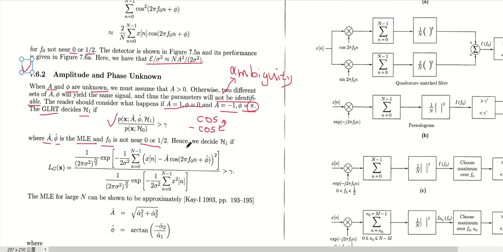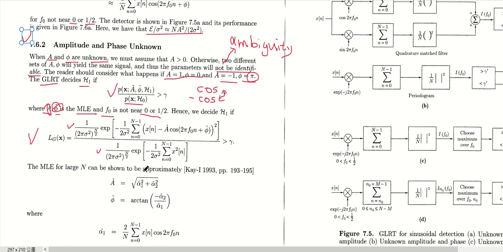Hence, we decide H1 if this likelihood ratio is larger than gamma, LG of X equal to this divided by this. You have this that goes here, and this that goes here. And of course, those things need to be derived first, but that's not the key of our discussion, so we'll just use it.